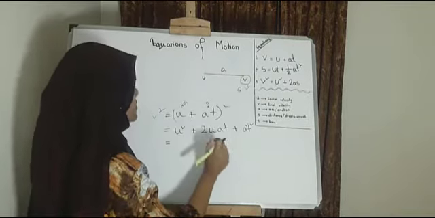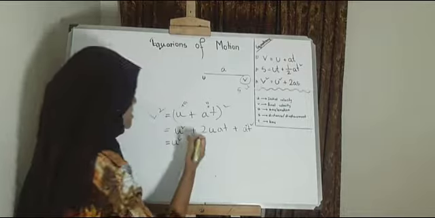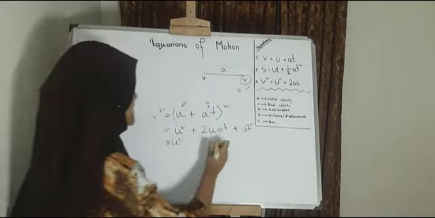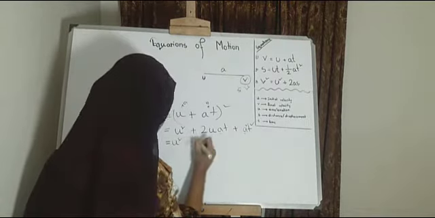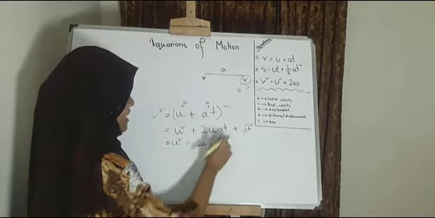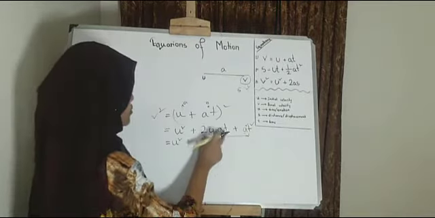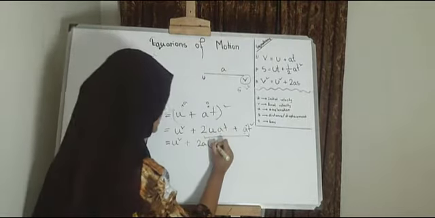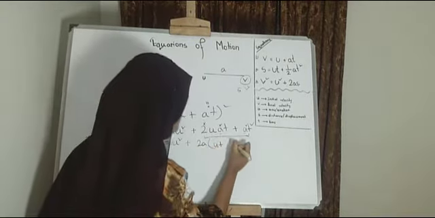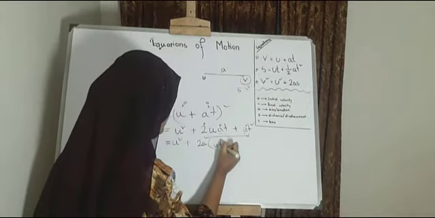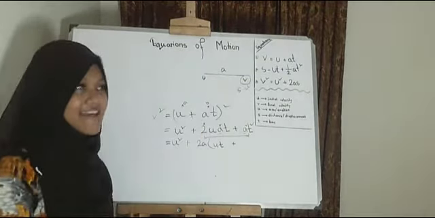Now we'll take common, and we don't need to take u as the common, but we'll take 2a. So we're taking 2a common from this line, so from here it's ut, 2a cross, so you get ut plus. Great?